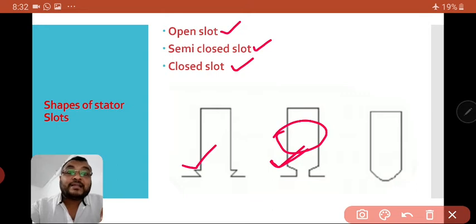Incidentally, an advantage of open slots is that their use avoids excessive slot leakage, thereby reducing the leakage reactance as well. So you can understand where we can use the open slot, where we can use the semi-closed slot, and where we can use the closed slot.